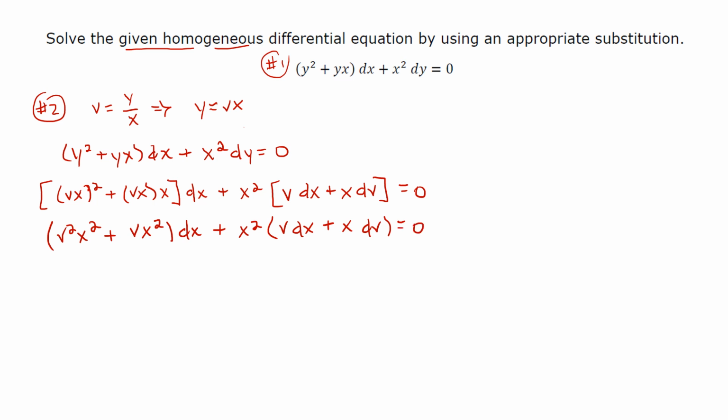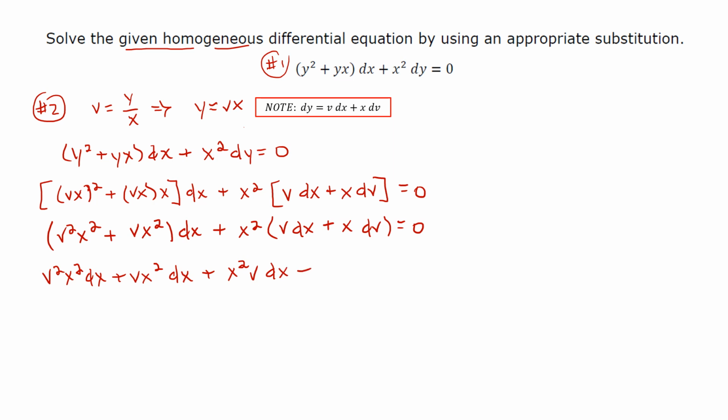We can then distribute the x squared to each term. Let's rewrite that out. You have v squared x squared dx plus vx squared dx plus x squared v dx plus x cubed dv.